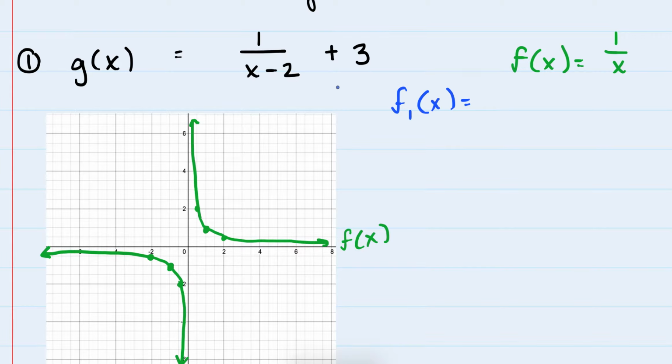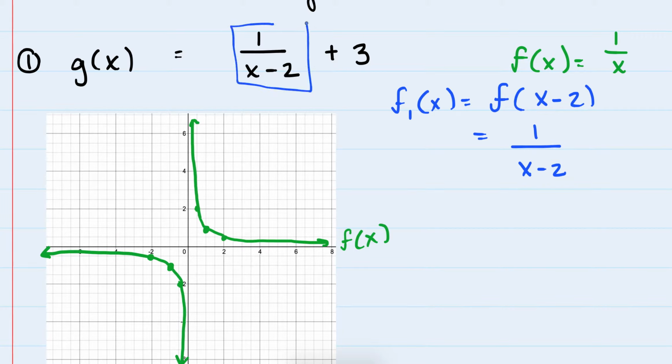So I think what I'm going to do first is take this function and plug in x minus 2 wherever I see an x, because that will give me 1 over x minus 2. So I take the original function, I plug in x minus 2 where I see an x. Well, I get this piece. And then we're going to take care of this 3 in just a second.